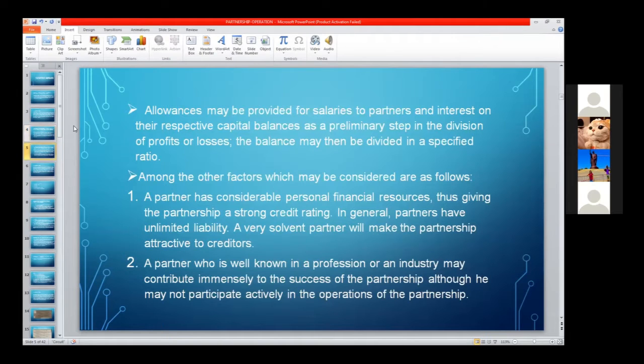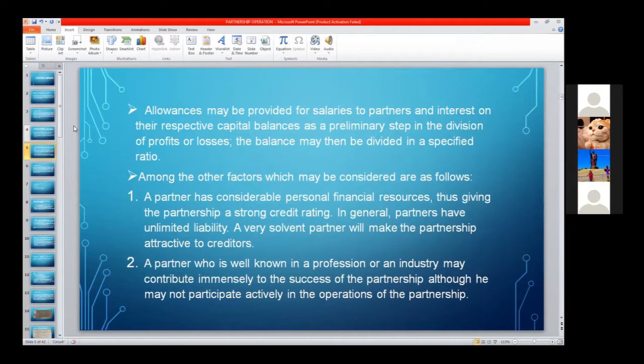So there are different ways of making profit sharing plans. Yung iba, they value the personal services rendered by individual partners, while others naman binibase nila sa amount of the capital contributed by each partner. Meron din namang iba where they consider both the personal services rendered and the amount of capital contributed.